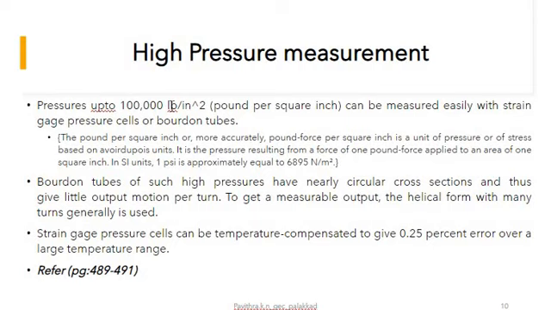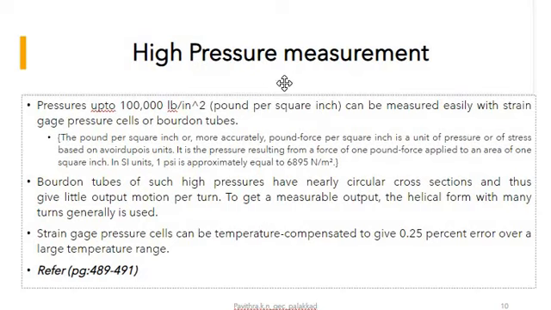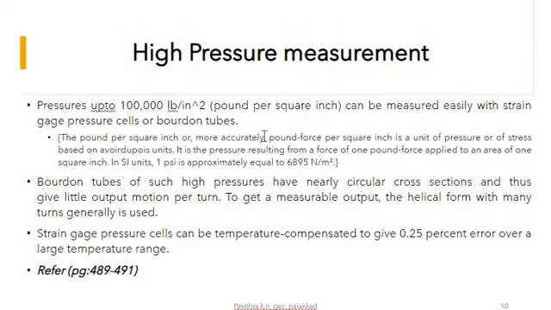Pressures up to 100,000 pounds per square inch can be measured easily with strain gauge pressure cells or Bourdon tubes. So up to this value, the pressure measurement device can be strain gauge pressure cells or Bourdon tubes. Here I have given what is pound per square inch. It is also a unit of pressure measurement, so you can read this out.